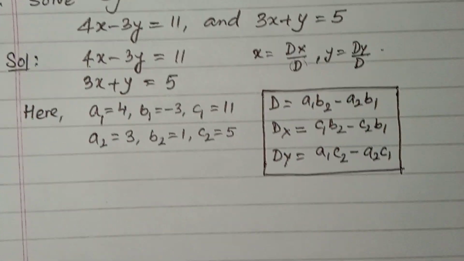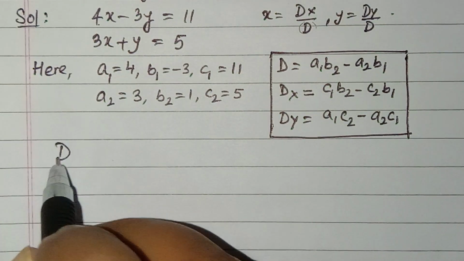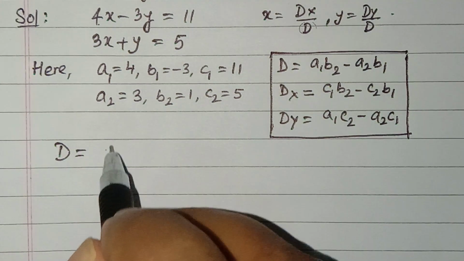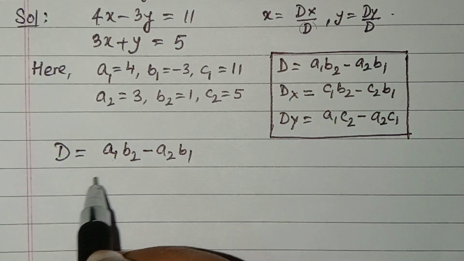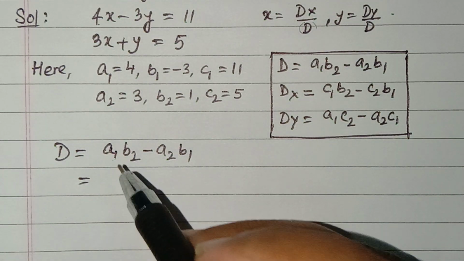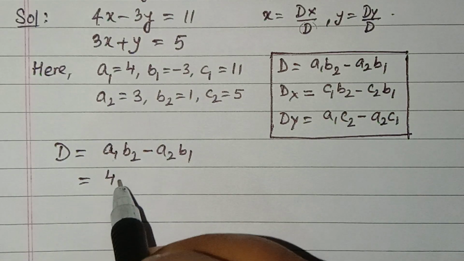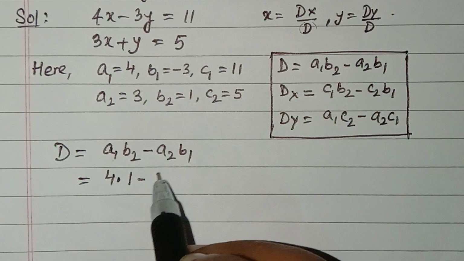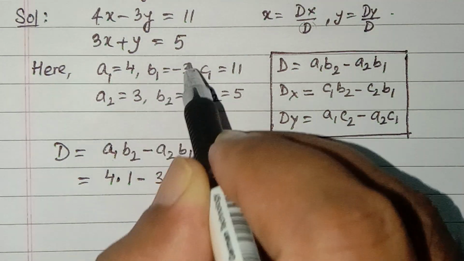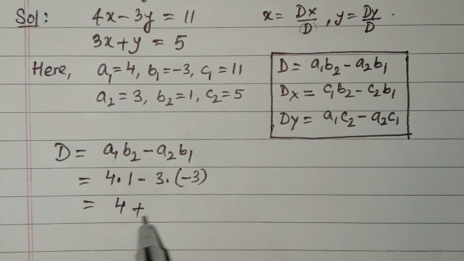Now I have d, which is a1 b2 minus a2 b1, and I can write it as a1 is 4 times b2 is 1 minus a2 is 3 times b1 is minus 3. So it is 4 plus 9, which gives me 13.